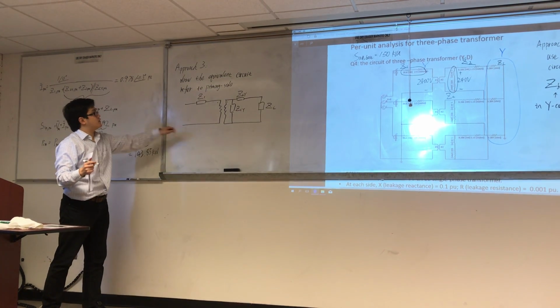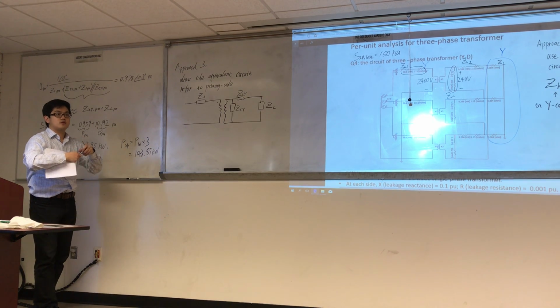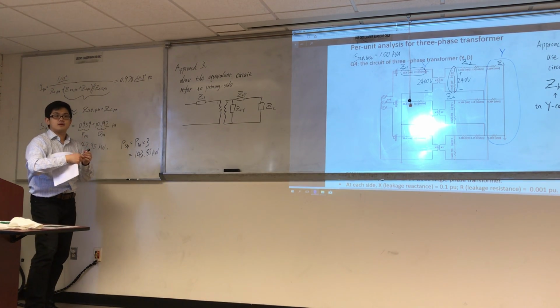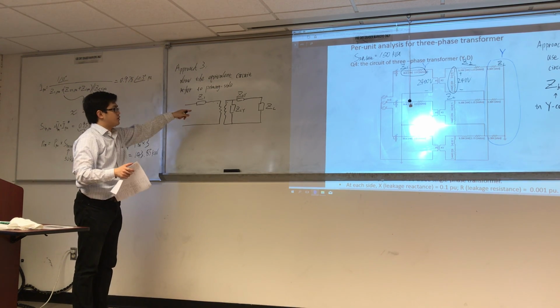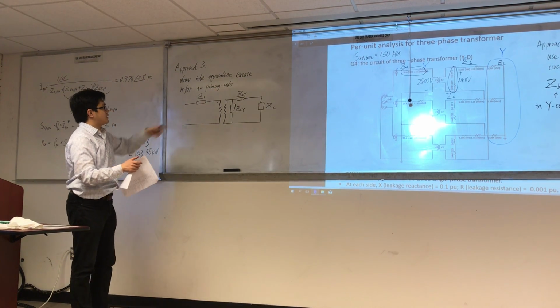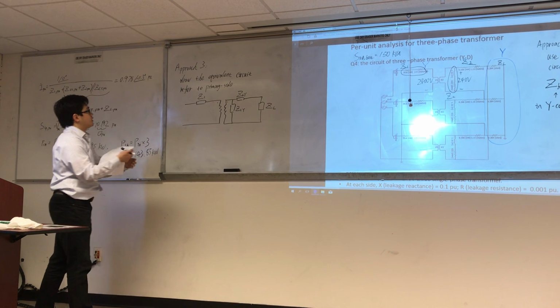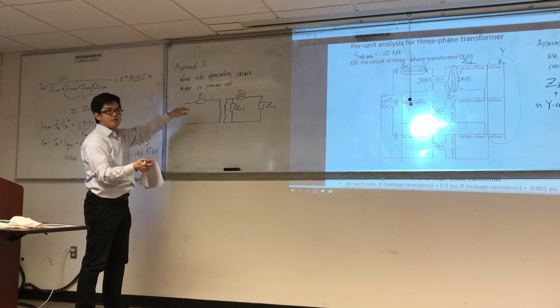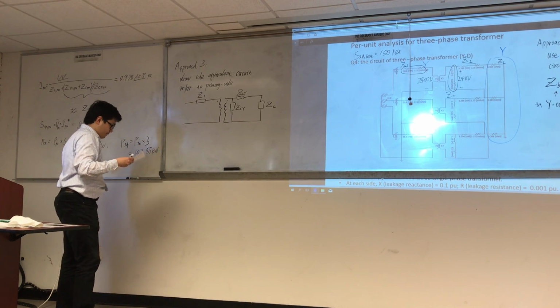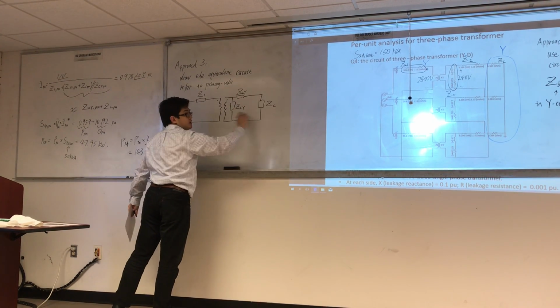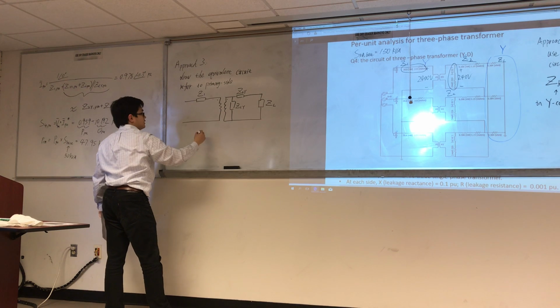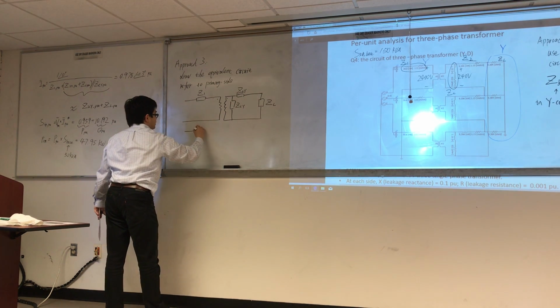Okay, this one is a single phase transformer, right? We already draw this circuit in approach 1, so they are the same. But how do we draw the equivalent circuit refer to the primary side? Refer to the primary side, that means put all of the impedance on the primary side. So your circuit is like this.